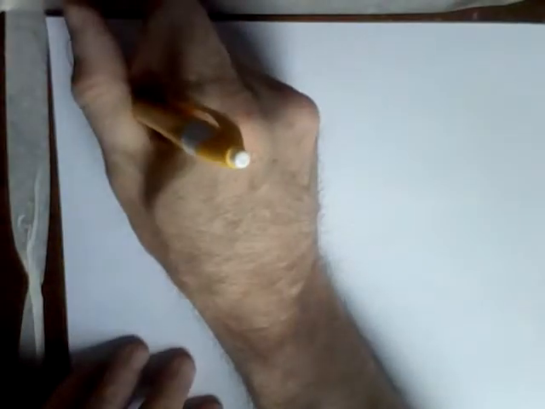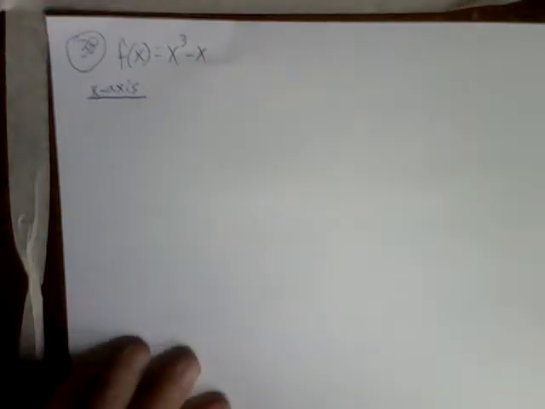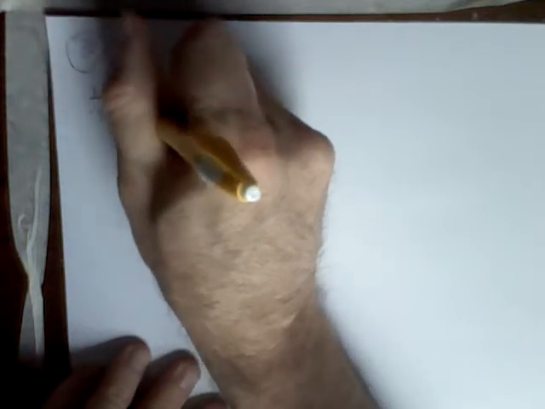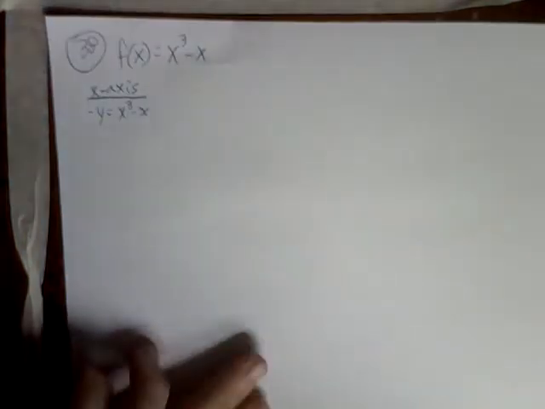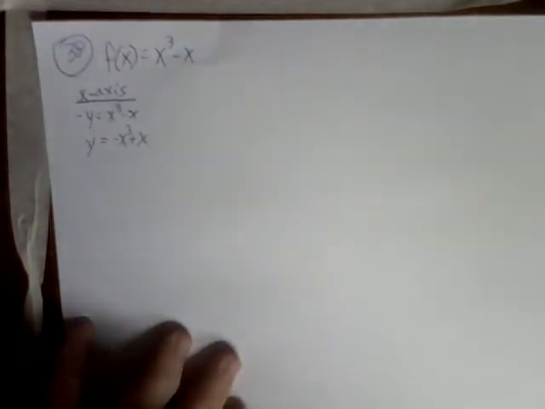So x-axis, I need to replace y with negative y. So I'll have negative y equals x cubed minus x. And it's immediately obvious, at least to me, that's not going to work. You can multiply both sides by negative 1. And this guy is not the same as this guy. Okay? So no.